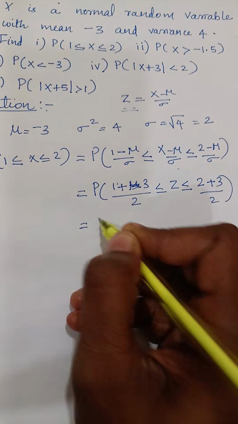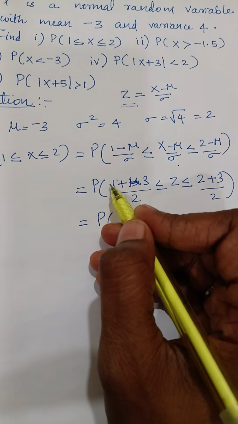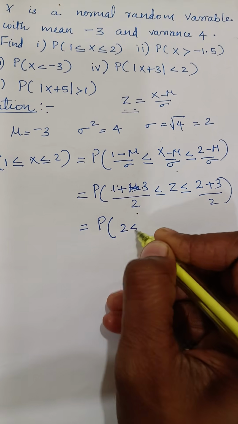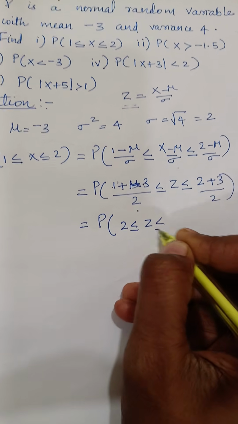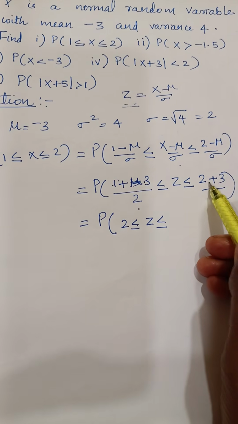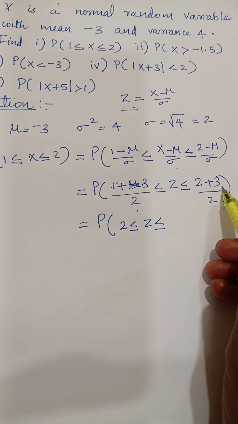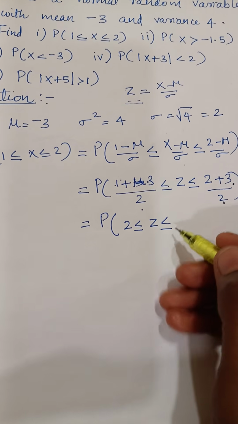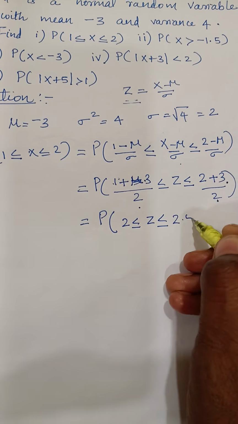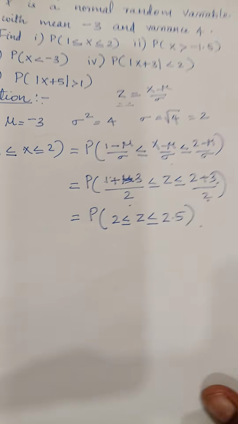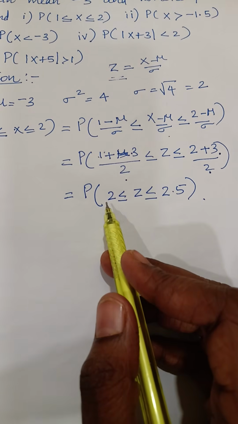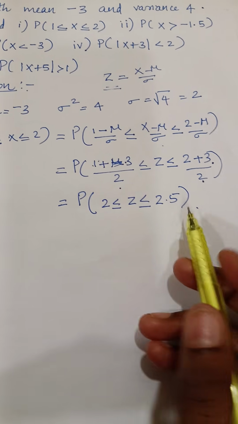So this will become probability of 1 plus 3, 4, 4 by 2, 2, less than or equal to z less than or equal to 2 plus 3, which is 5, 5 divided by 2, which is 2.5. Okay, so we have to find the probability from 2 to 2.5.